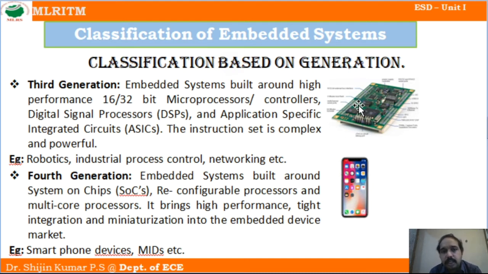All these things are achieved because of miniaturization. That is the fourth generation or current generation. We don't know what will happen to embedded systems after 10 or 20 years. So this is the classification based on generations. We have 4 generations, and mostly these generations are based on the evolution of processors and controllers.